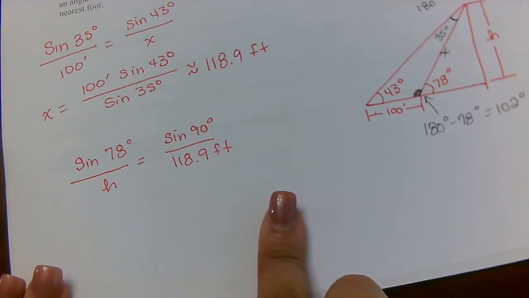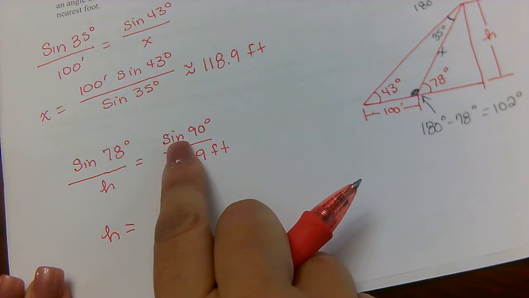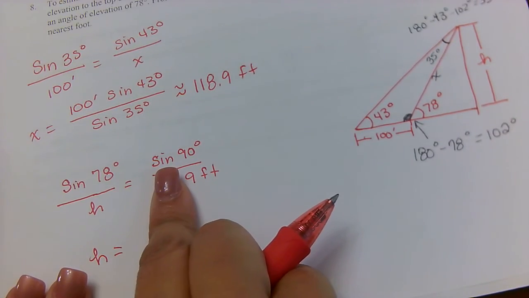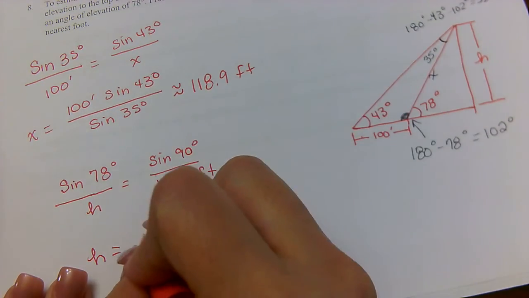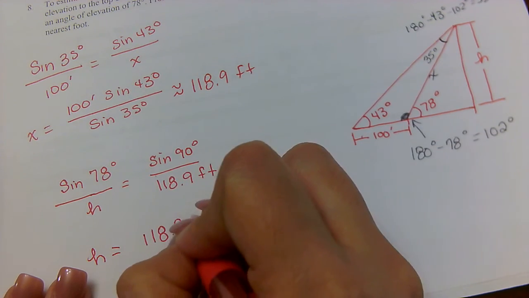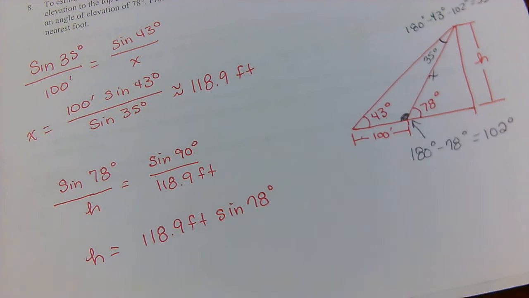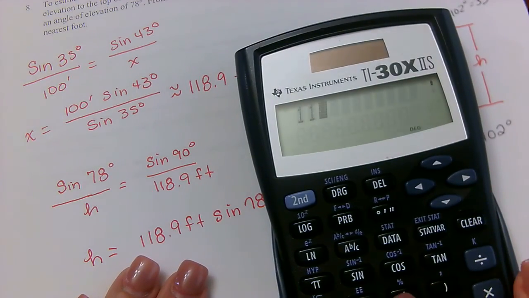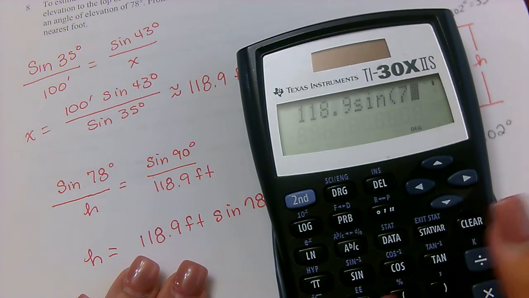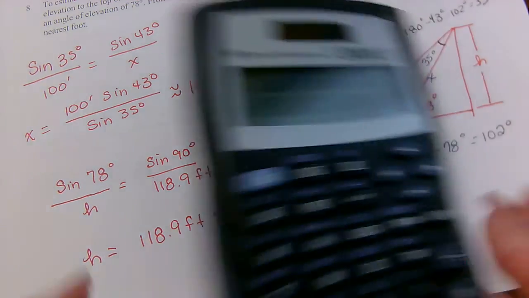Okay, bat and ball, h is equal to, hopefully you know that sine of 90 degrees is equal to 1. So I can just say 118.9 feet times sine of 78 degrees. And you get 116.3 feet.